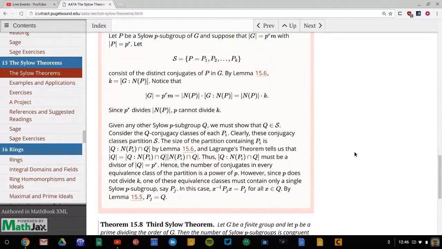It has size P to the R. So this index, which is the size of the conjugacy class of the P_j, must be a divisor of P to the R.